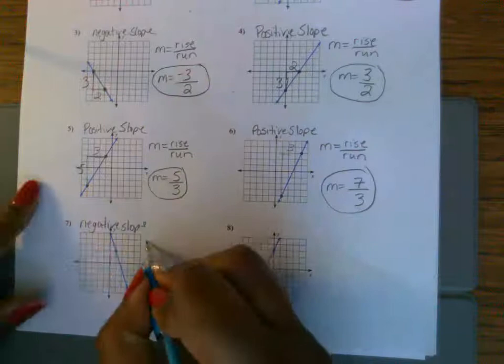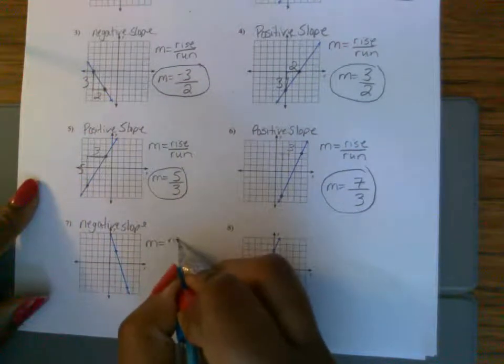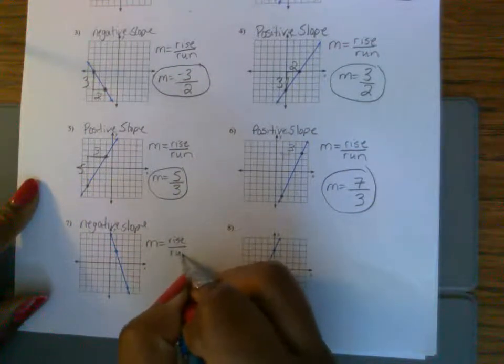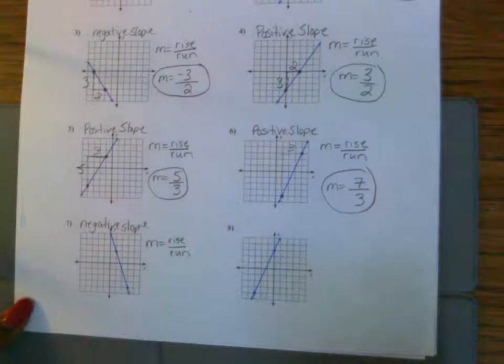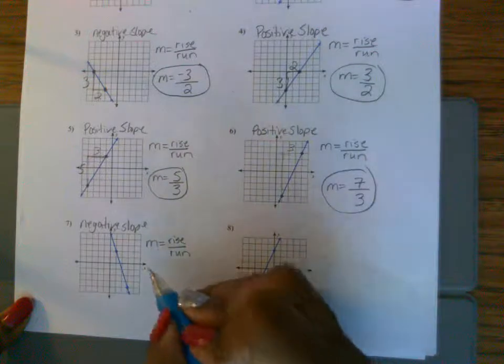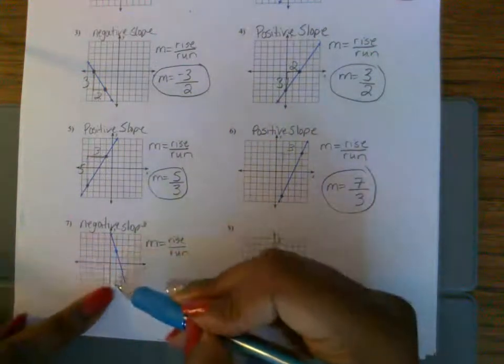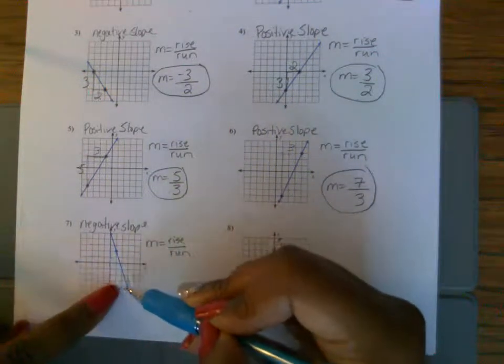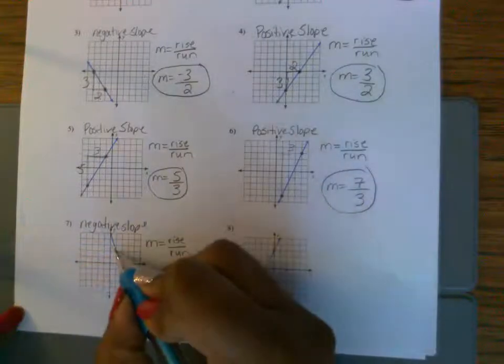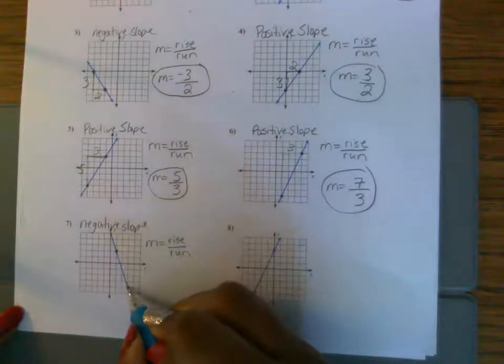Now, again, we're writing the formula. M is equal to rise over run. You're going to use the grid lines to calculate the slope. I'm going to go from this point here to this point here.